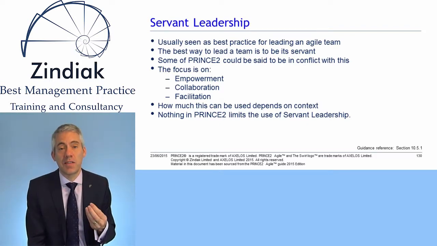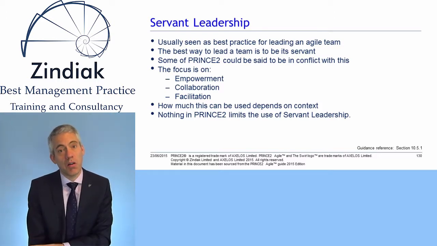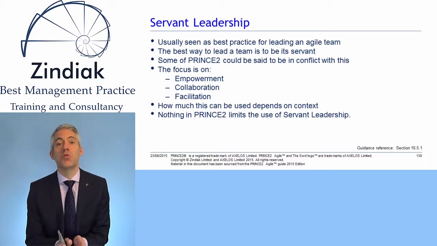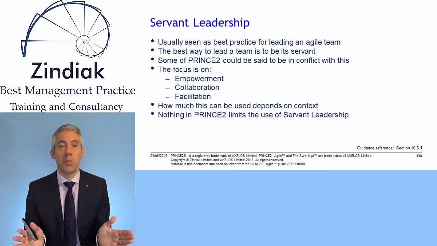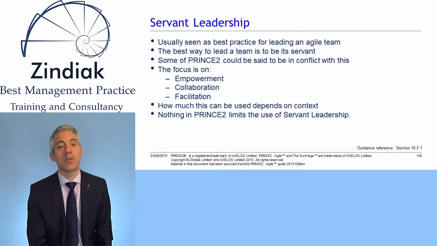There are, in safety critical environments like the nuclear industry or the rail industry, rules and regulations you have to follow for the safety of everyone. So it doesn't mean you can't be agile in certain ways, but you have to apply it appropriately to your organisation and your environment.